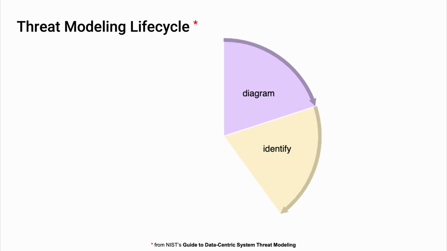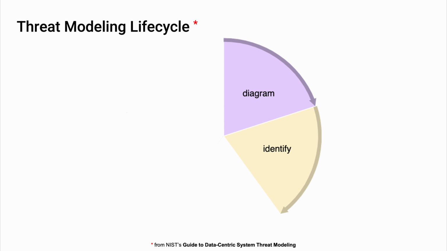Let's consider the NIST Guide to Data-Centric Systems Threat Modeling and the 5 stages that it breaks up the threat modeling lifecycle into. The first of these is to diagram. This entails establishing what the system looks like in terms of the system's data flows. The second stage is that of identification.